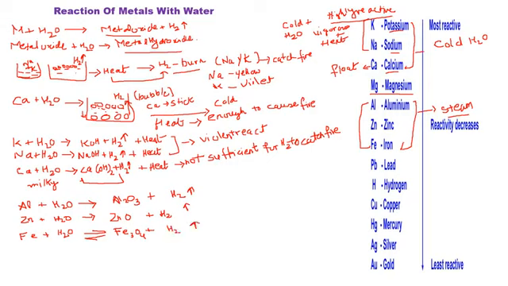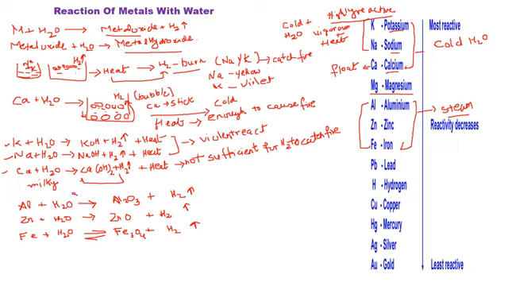Now if you see very carefully, aluminium, zinc and iron, when they react with water, form oxides of metal. They are not forming hydroxides. In case of potassium, sodium and calcium, hydroxides were formed, and in case of aluminium, zinc and iron, oxides are formed and they reacted with steam.